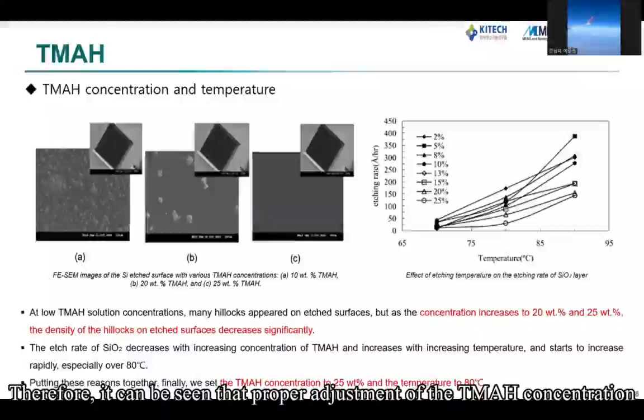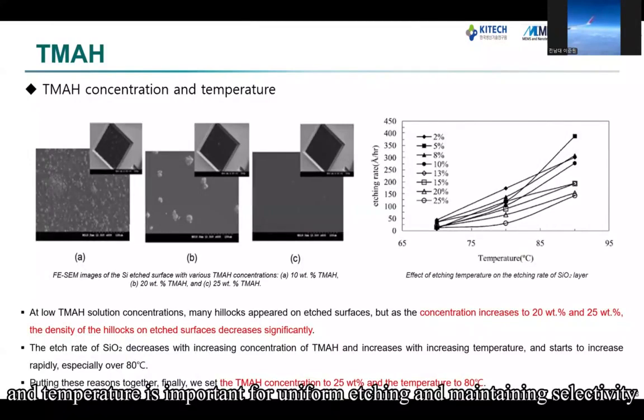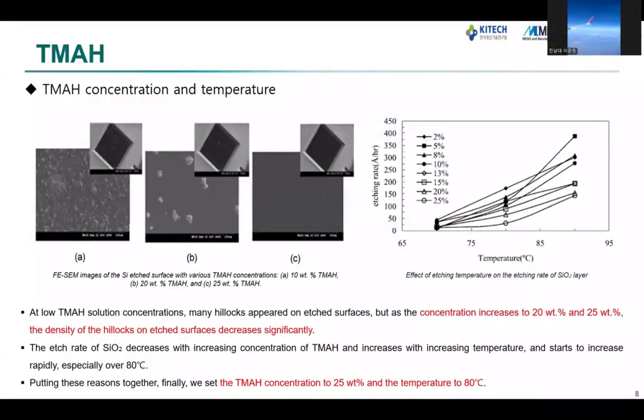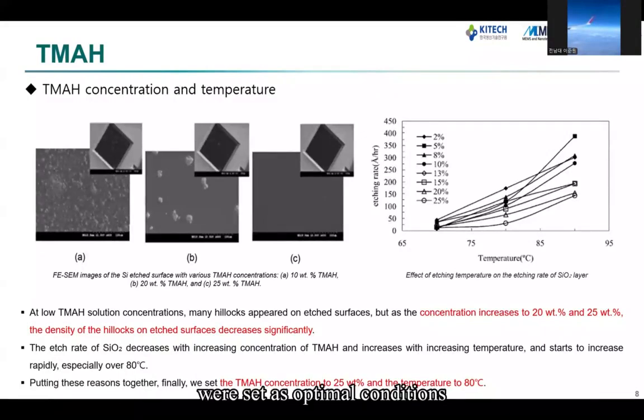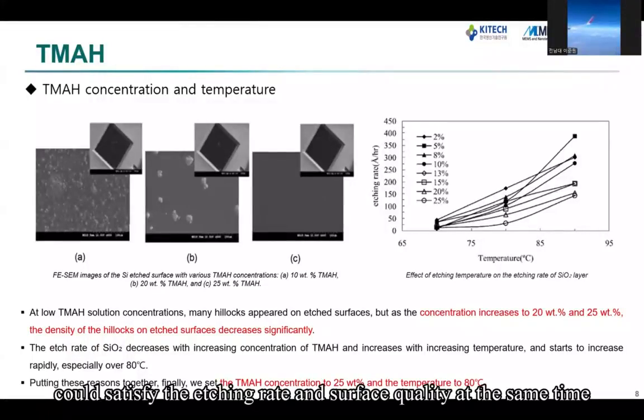Therefore, it can be seen that proper adjustment of the TMAH concentration and temperature is important for uniform etching and maintaining selectivity. By combining this experimental result, TMAH concentration of 25 weight% and TMAH temperature of 80 degrees were set as optimal conditions. It was determined that this condition could satisfy the etching rate and surface quality at the same time.